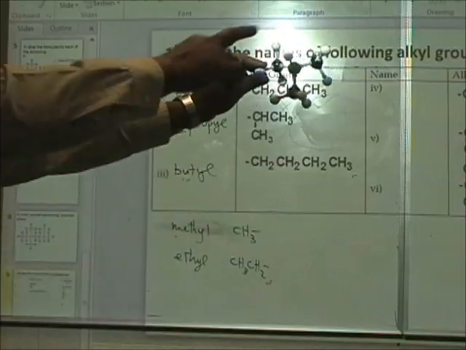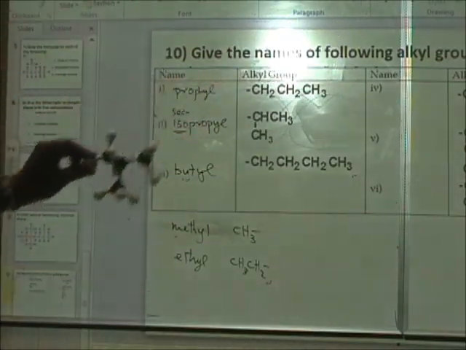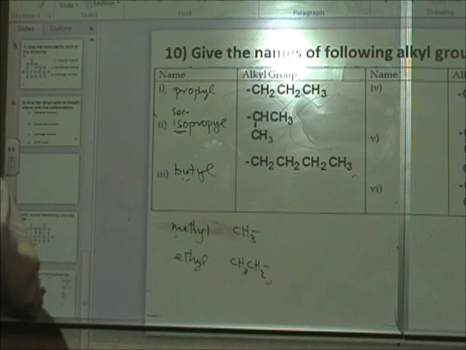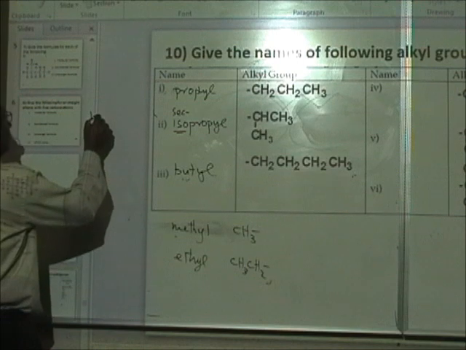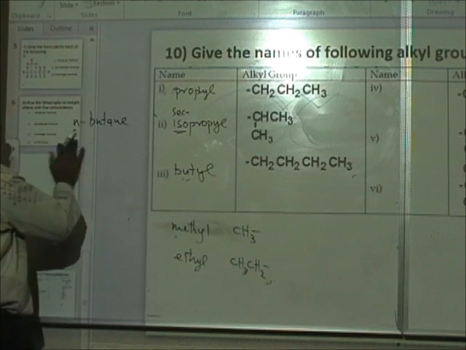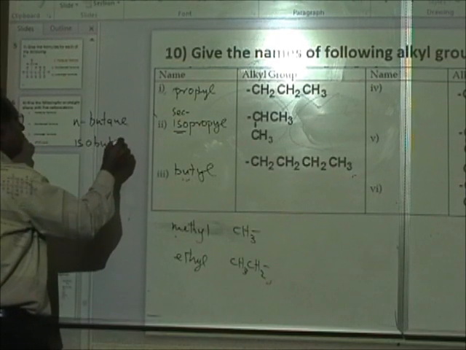Because now there's a branched alkane, right? When there's a branched alkane, butane has 2 isomers. One is normal butane, the other one is isobutane.